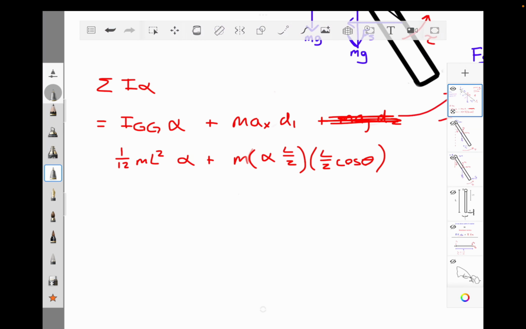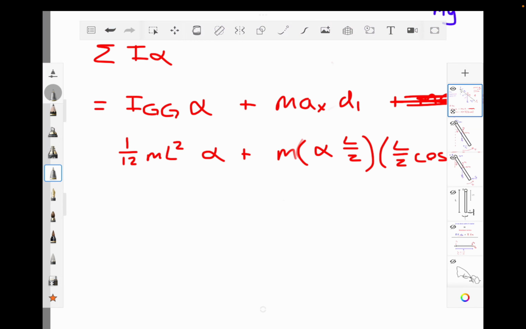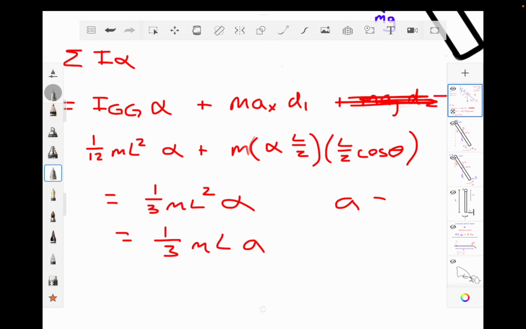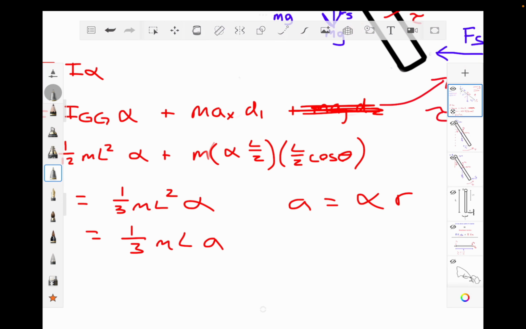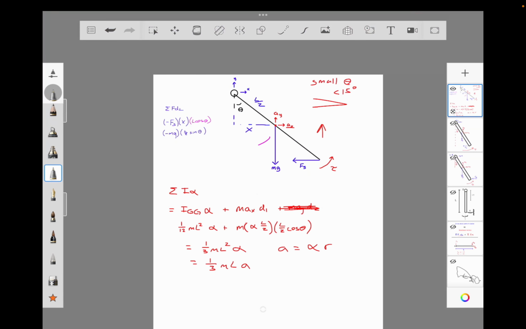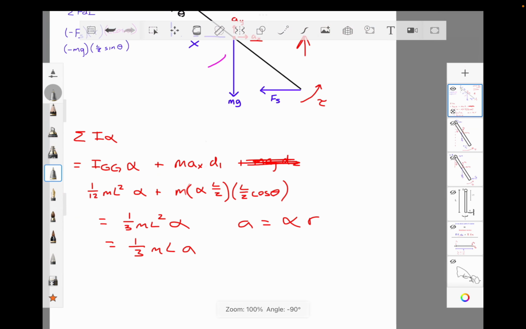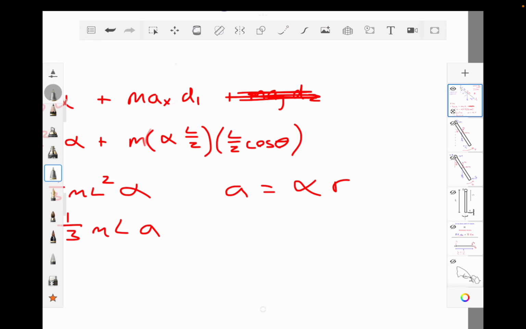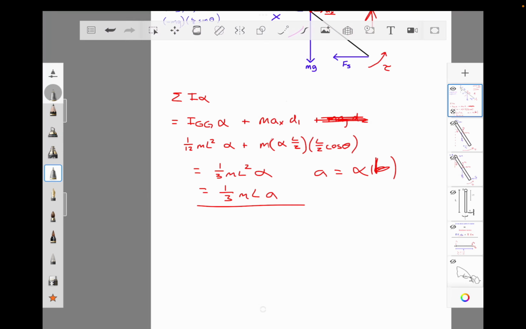So, we have this now, and long story short, this equals 1/3 ml squared times alpha, which of course equals 1/3 ml times A, because A is equal to alpha times R, and the total torque of this thing, R, is just L. So, am I making any sense?